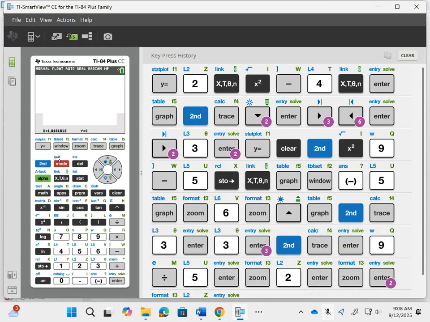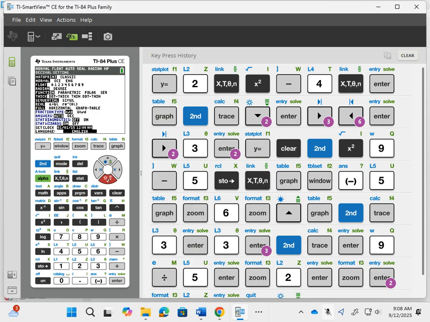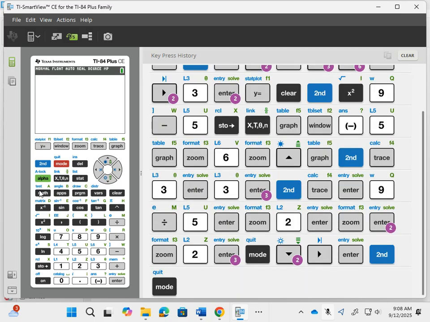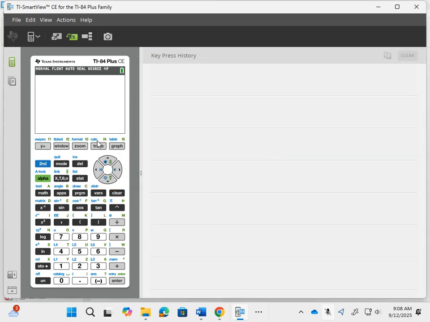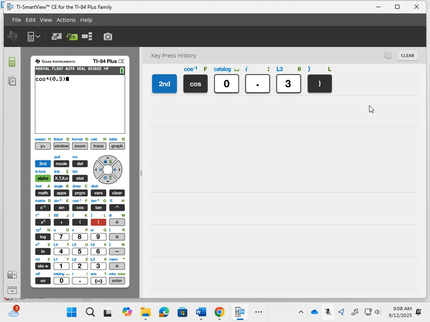I'm going to make sure that I'm in degrees for this one, because we're thinking degrees right now. Okay. And I'm going to go cos inverse of 0.3 and push enter. And I get a reference angle of 72.542.